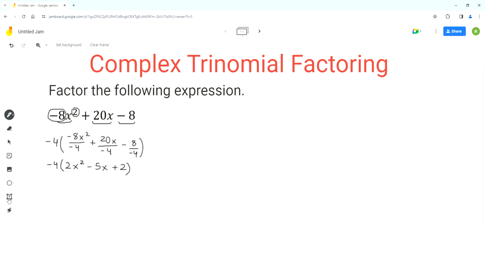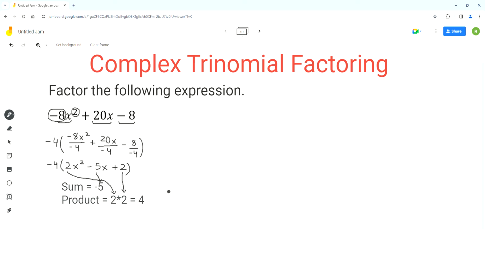The first step in the decomposition method is to find 2 numbers whose sum is equal to negative 5, that's the coefficient of the x term, and the product is equal to 2 times 2, which is equal to 4. We get negative 5 from the coefficient of the x term, and the first 2 is the coefficient of the x squared term, and the other 2 is the number term.